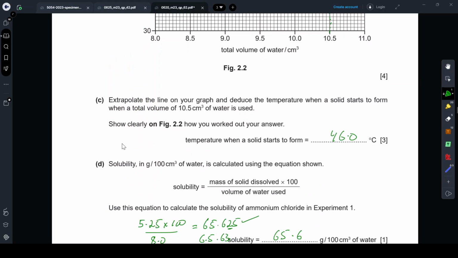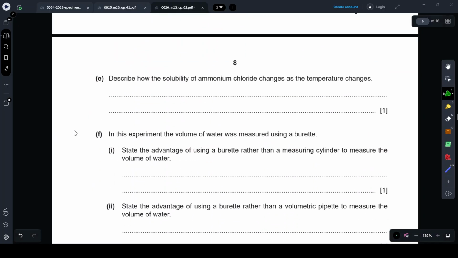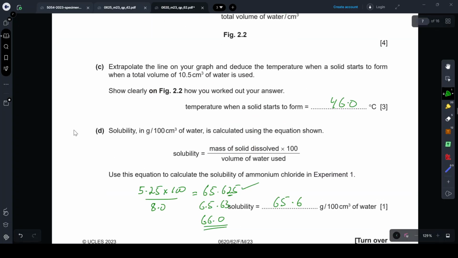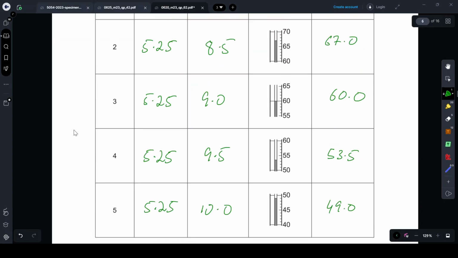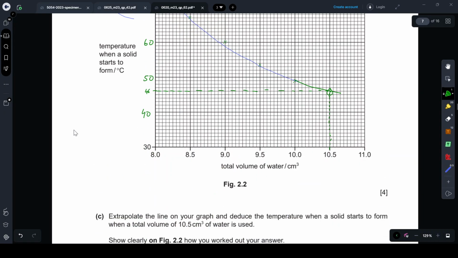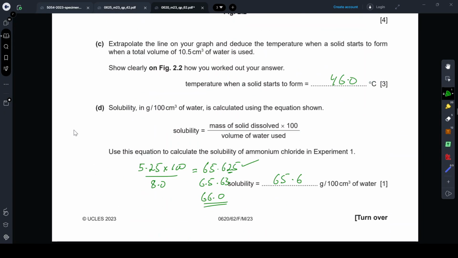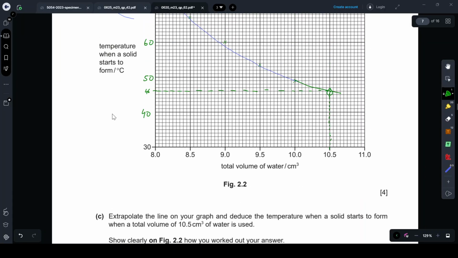So what is this telling us about the solubility? When the ammonium chloride increases, the temperature increases as well. No. Am I wrong? Well, when you've heated it, none of the solid is coming out.